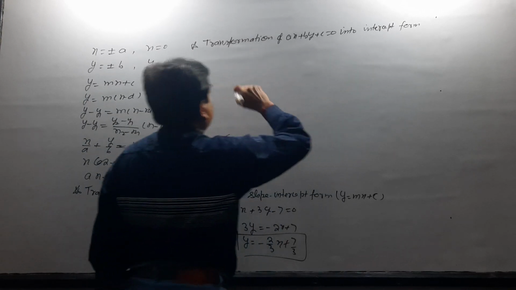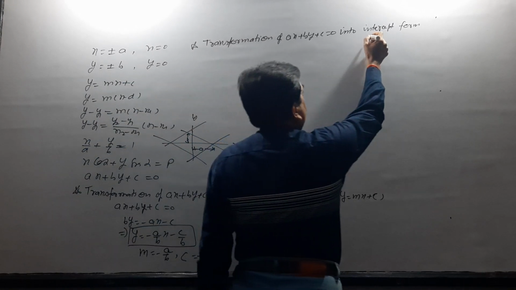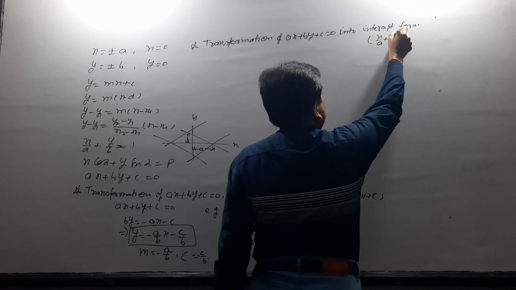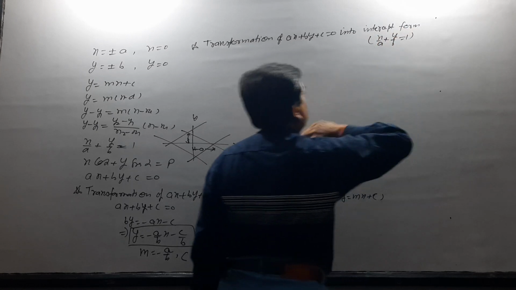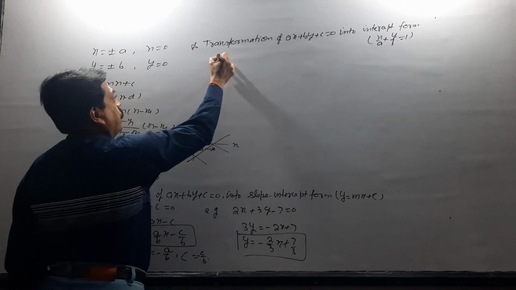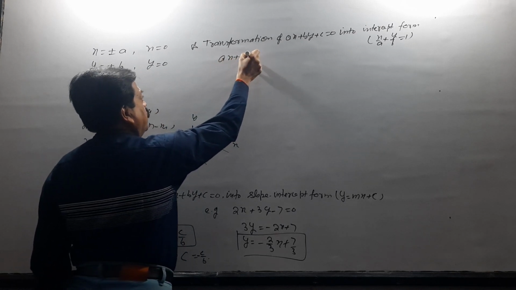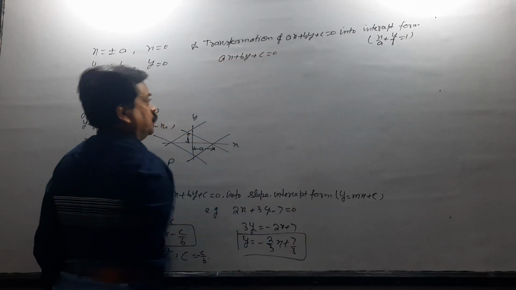And intercept form we know is x upon a plus y upon b is equal to 1. Ax plus by plus c is equal to 0.